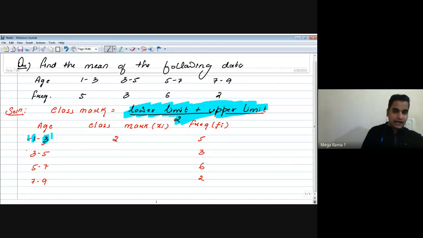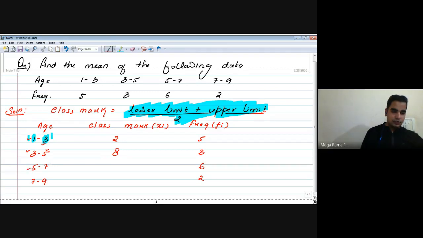Clear? Add lower limit, upper limit, divide by 2, and let me know the class mark corresponding to the second class interval. 3 plus 5 divided by 2 is going to give you 4.